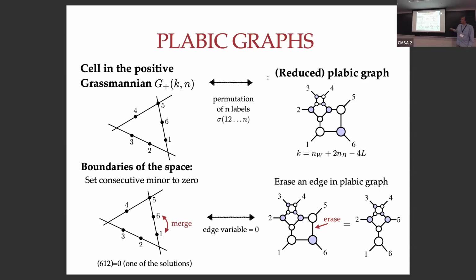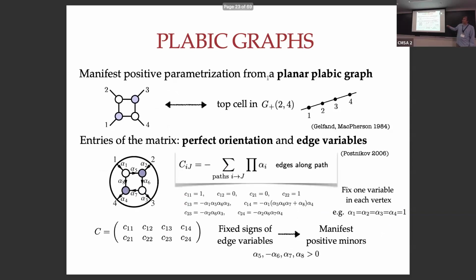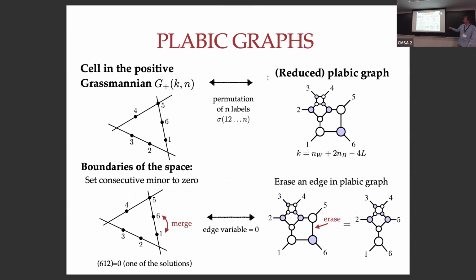And now going to a boundary of this cell in the positive Grassmannian, which, for example, corresponds to merging points in this configuration, imposing some linear dependency between points, corresponds to sending one of these variables that we associated with the edge, the edge variables, to 0, which removes the edge in the graph and gives us some simpler plabic graph. So there is a nice correspondence between going to the boundaries of the space on one side of this positive Grassmannian and operations on these plabic graphs on the other side.